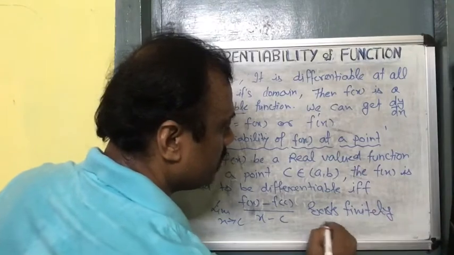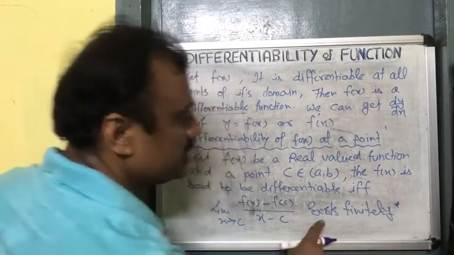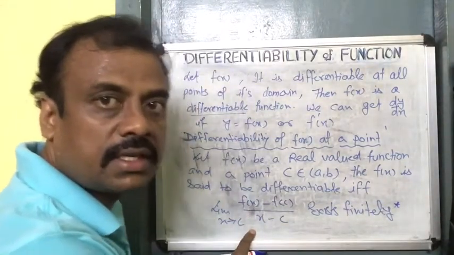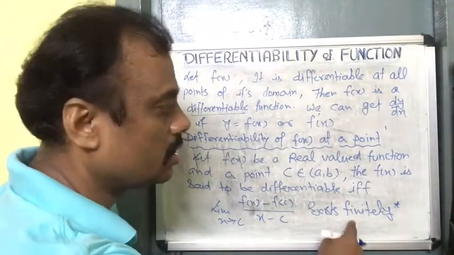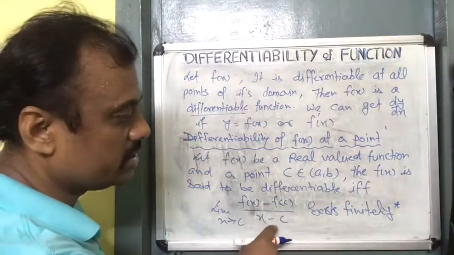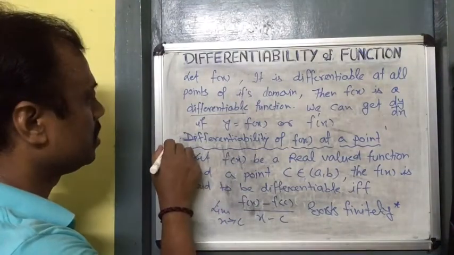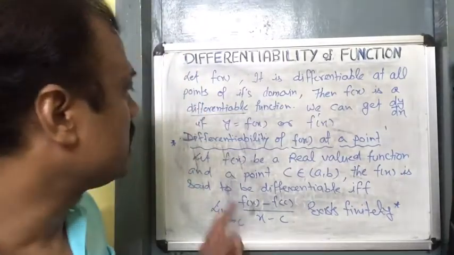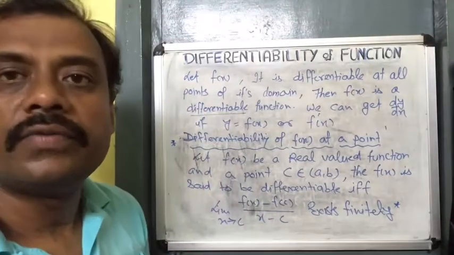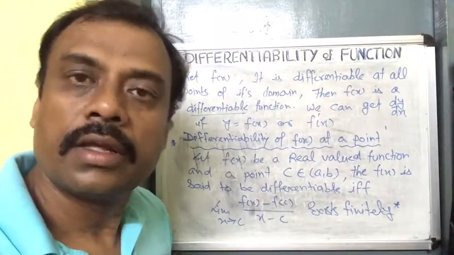This point is very important. This limit exists and that limit must be finite. We will now discuss this point from here. Up to here we have discussed the meaning of differentiability of a function at a given point.